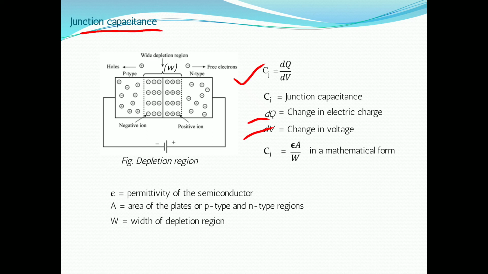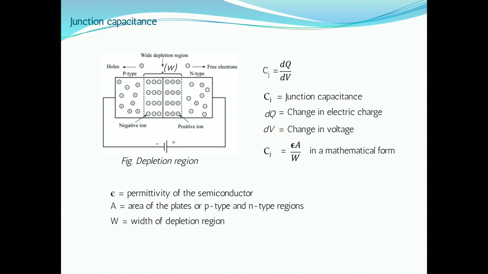So what we can say is, upon application of voltage, there is a change in electric charge in this depletion region. If we change the applied voltage to the diode, the depletion width changes.